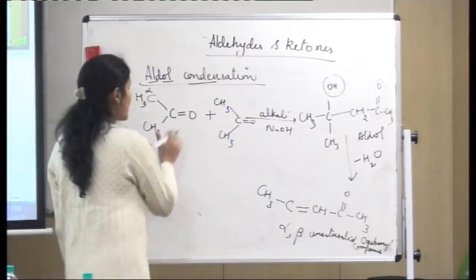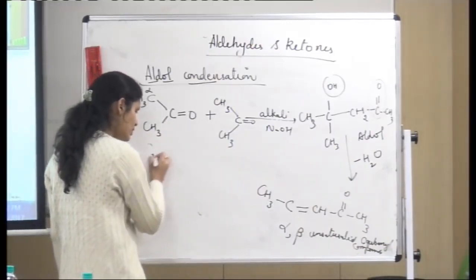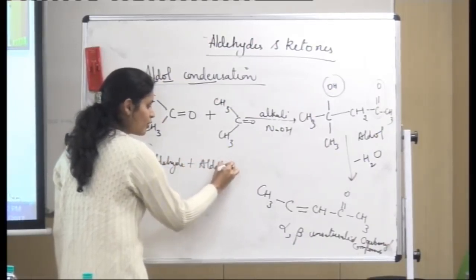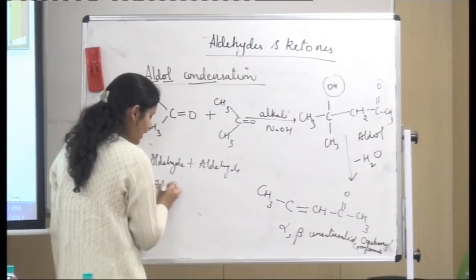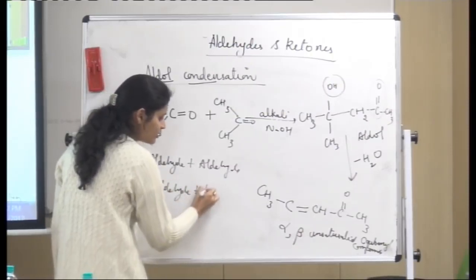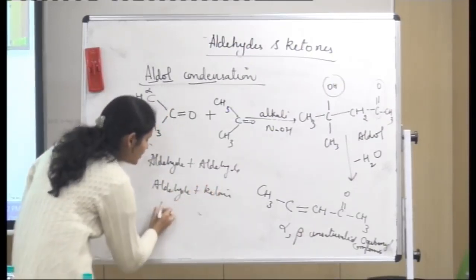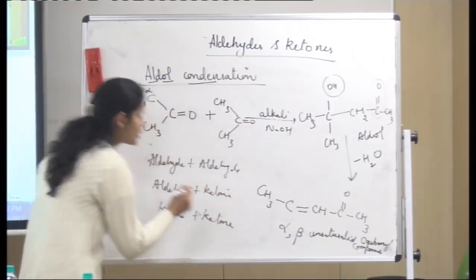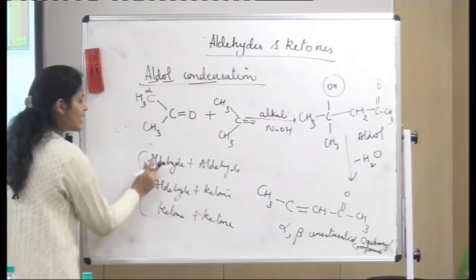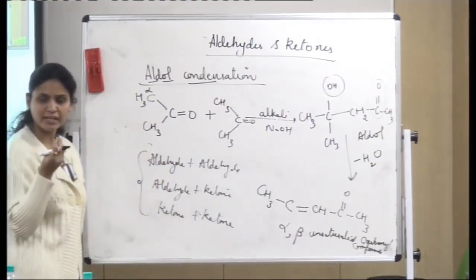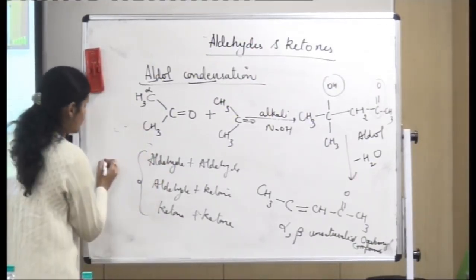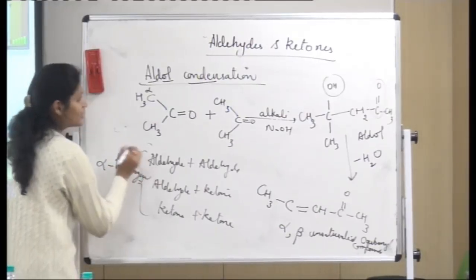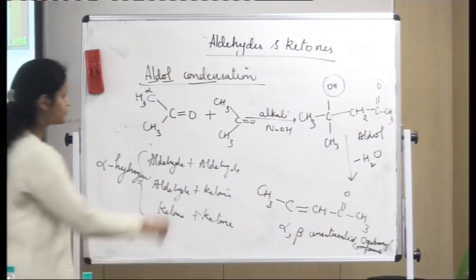This reaction could happen between any two same aldehydes, or between aldehyde and ketone, or between ketone and ketone. But the most important condition is that both the participating reactants should have alpha hydrogen. This is the must condition for aldol condensation, right?